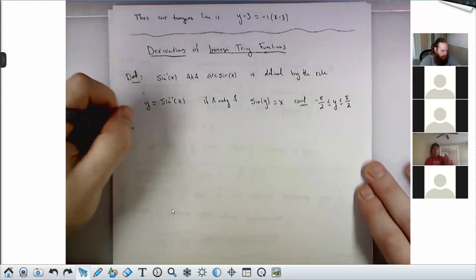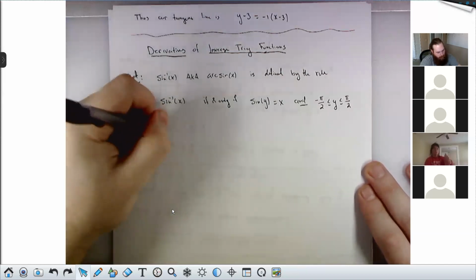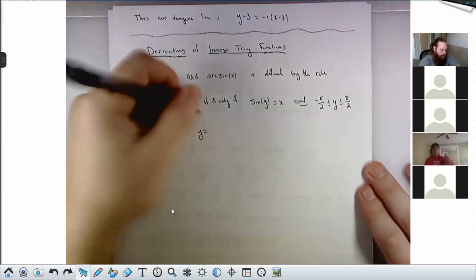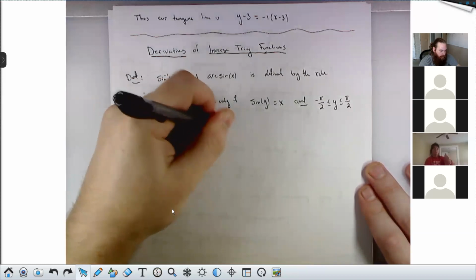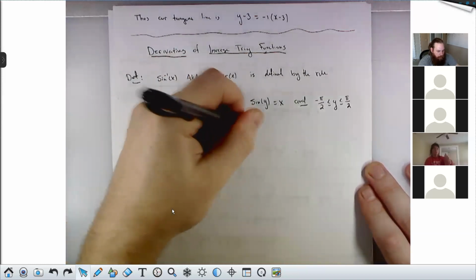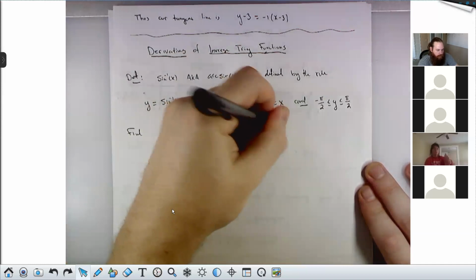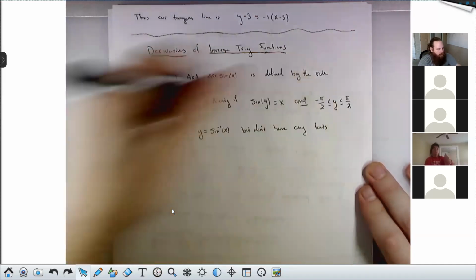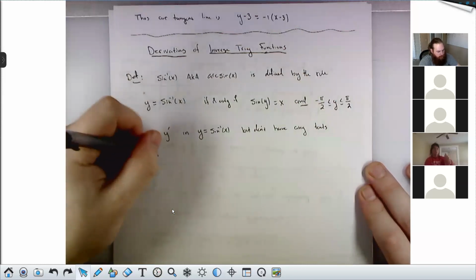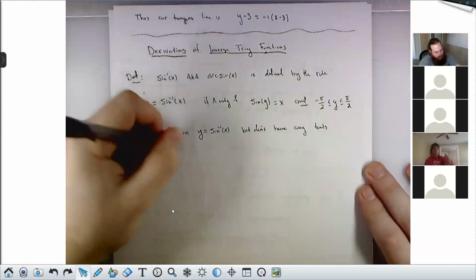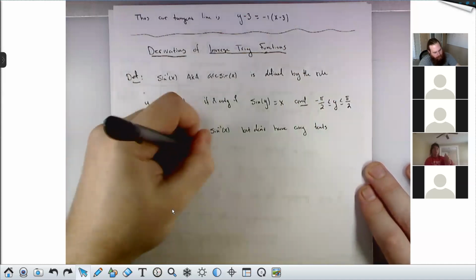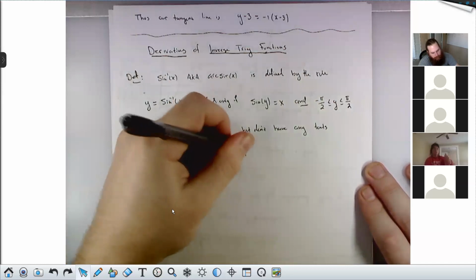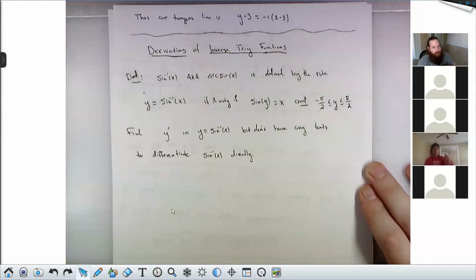So I want to find y prime in y equals sine inverse x, but I don't have any tools to differentiate directly. That's the challenge.